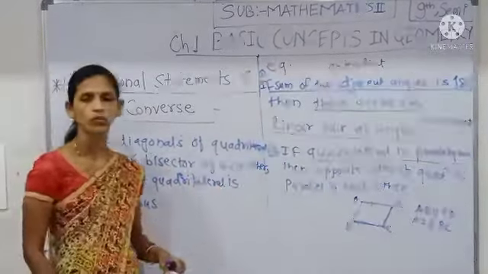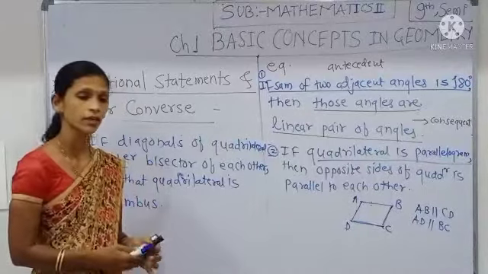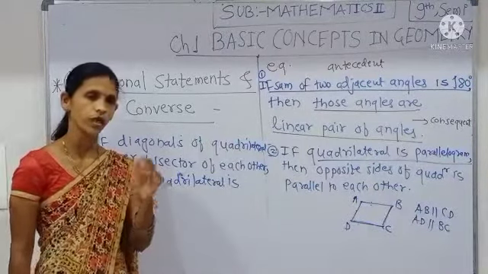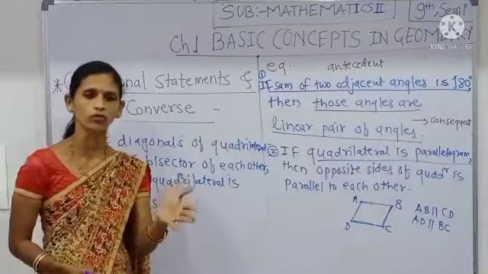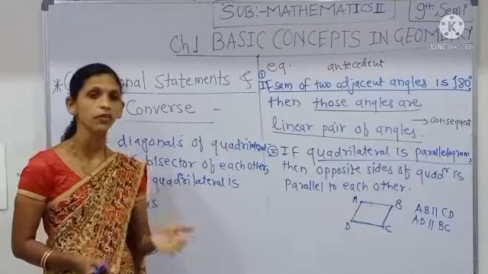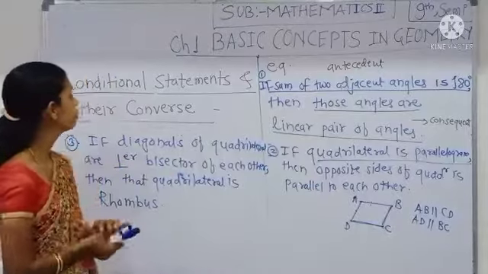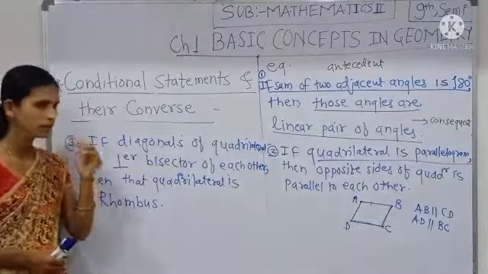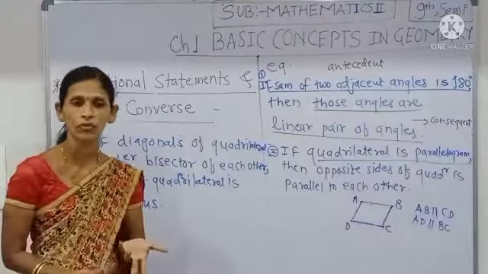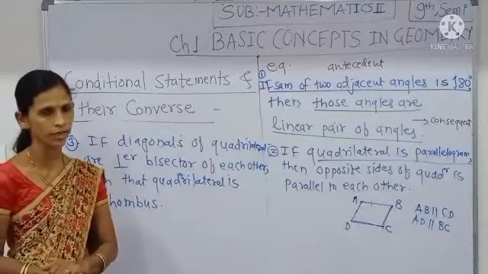We have to identify the antecedent and the consequent given in the conditional statement. Then we can write the converse of the given conditional statement.